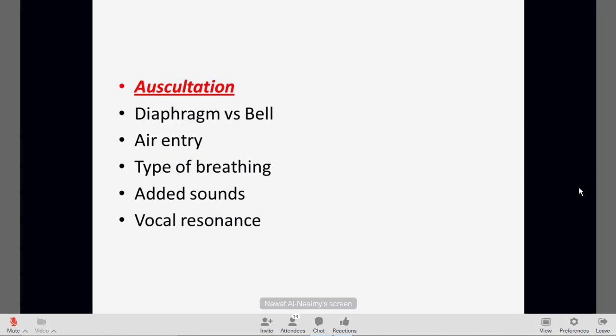The passage of air across a narrow area may be transmitted to the chest as wheezes. فأنا حتى to overcome these transmitted sounds I will ask the patient to breathe deeply and to use his mouth in breathing. واضحة؟ لما تقولوا خذ نفس عميق وتستخدم الفم.